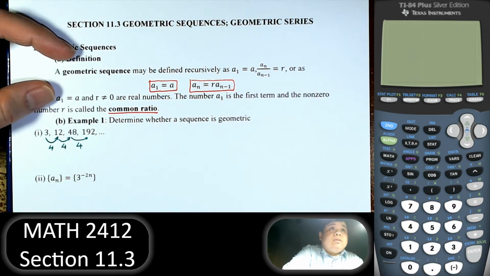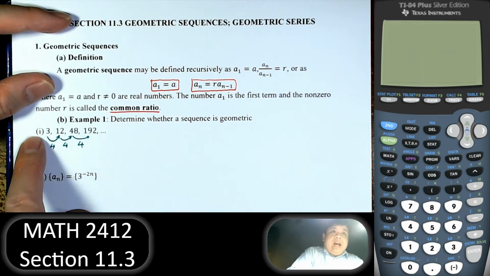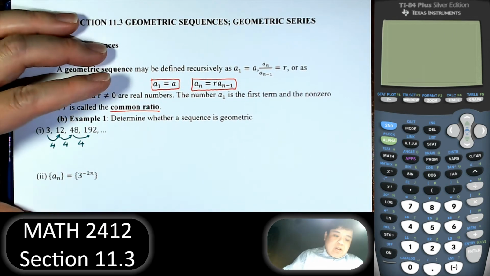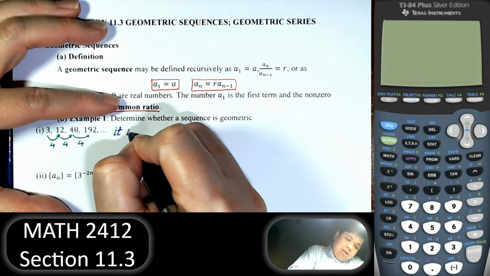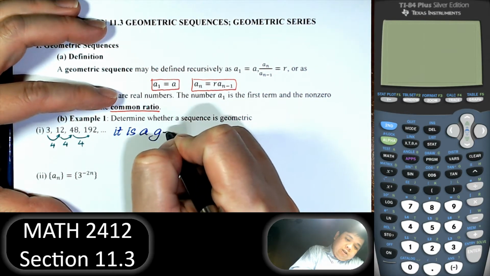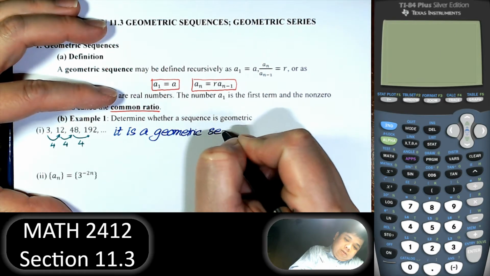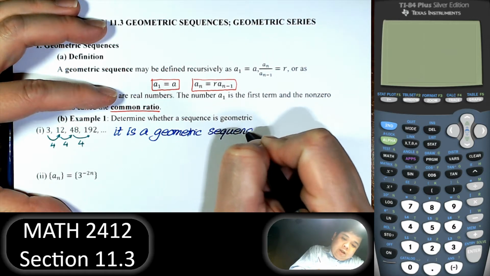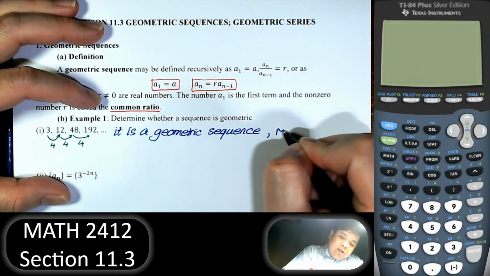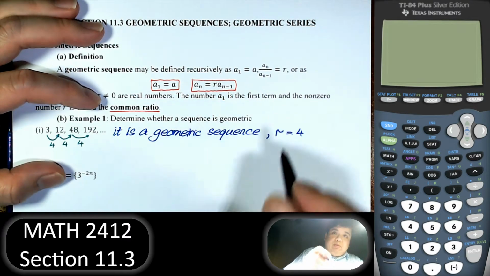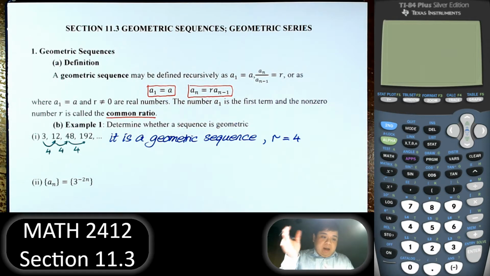We have the same number, so this is a geometric sequence. It is a geometric sequence, and the common ratio is equal to 4. To obtain the next term, we take this term multiplied by that number.